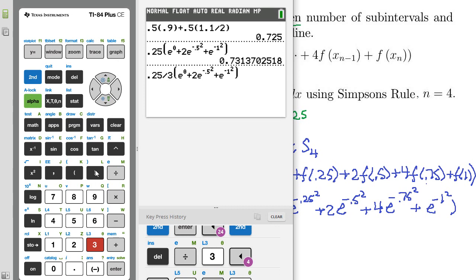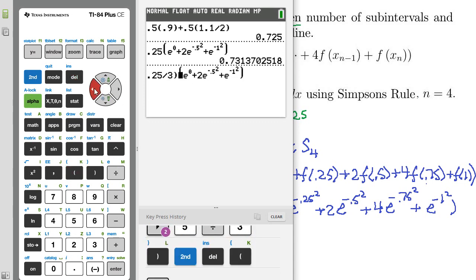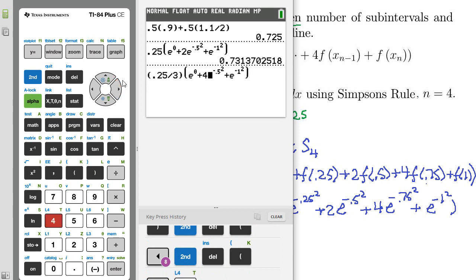And let's go ahead and insert some parentheses here. There's our 0.25 divided by 3 out in front. e to the 0 is our first one, and then this will be 4 e to the 0.25 squared, so I need to insert a 4 there.